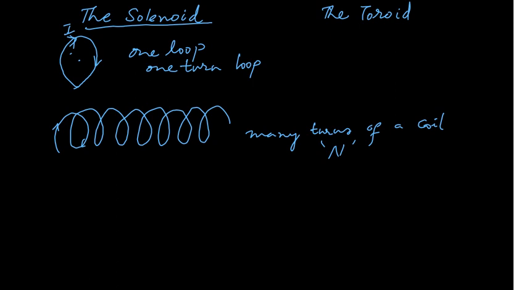All four fingers will be curling like this. That's why in the picture, the magnetic field direction will be going like this, obviously. So the magnetic field lines will be going along this line.